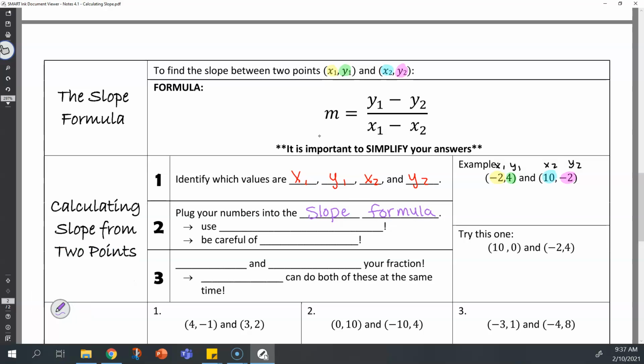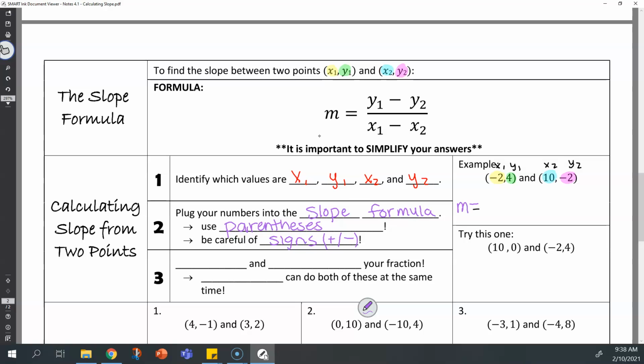When I plug those numbers in, I need to make sure I'm using parentheses. And I need to be sure that I'm being careful with my signs. Meaning being careful whether I have a positive number or a negative number and making sure to include that in my formula. So I'm going to plug this in.